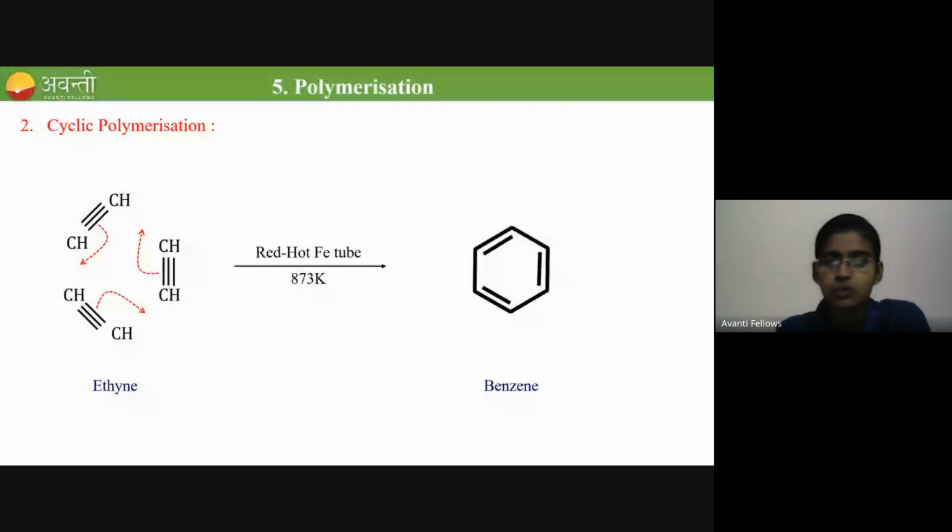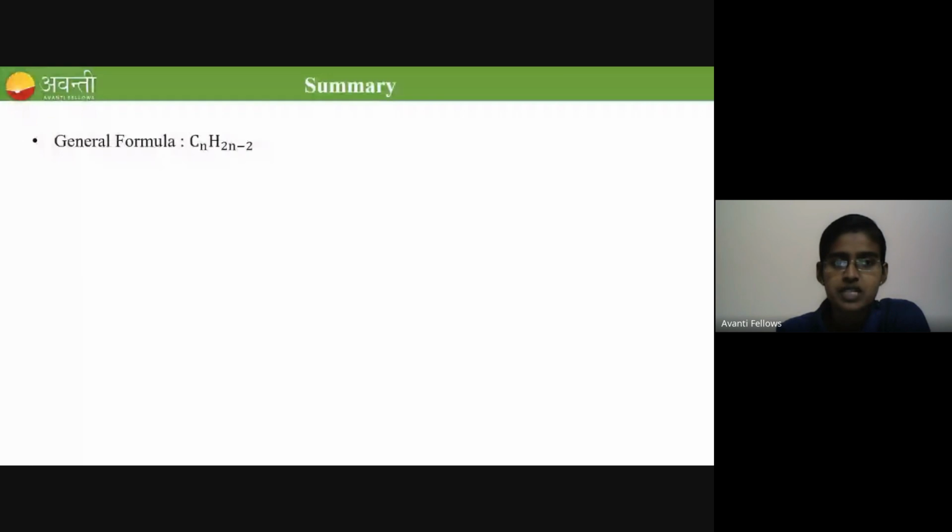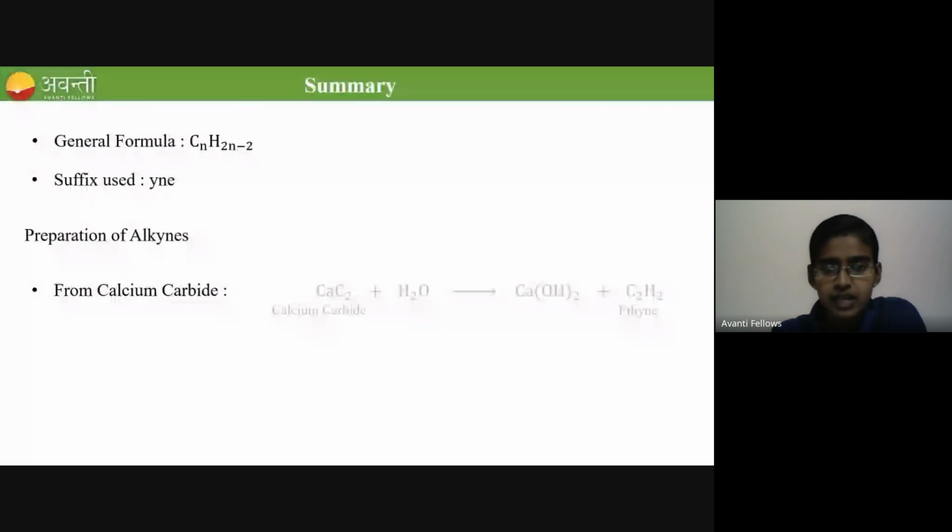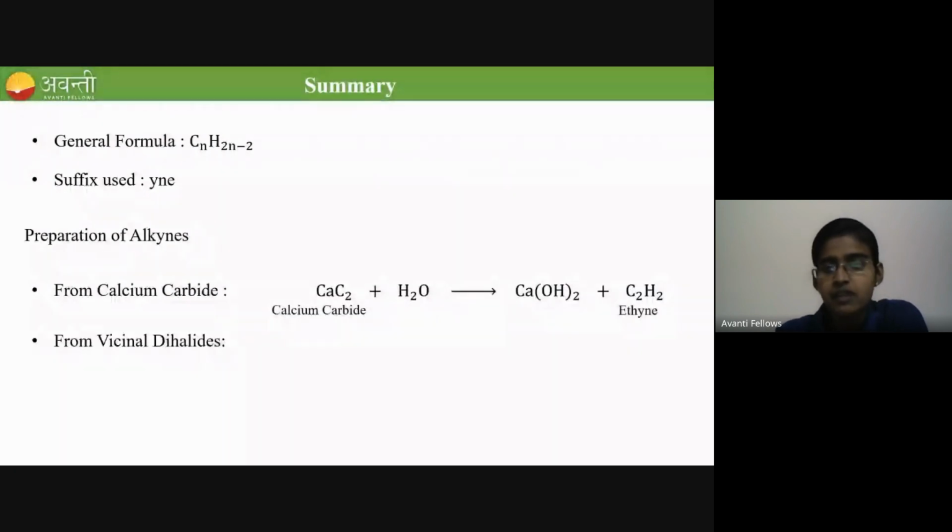So now let me summarize the alkynes part. Okay. So the general formula is CnH2n minus 2. And for nomenclature, we have to use YNE. And we have seen 2 preparations. One is from calcium carbide and the other one is from vicinal dihalide.